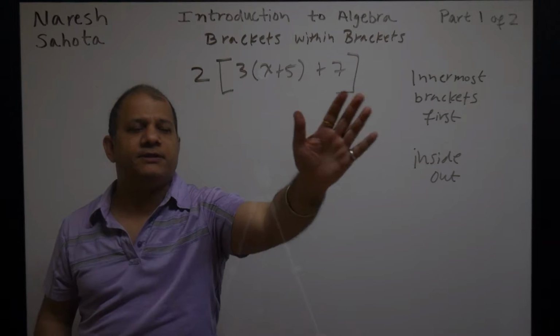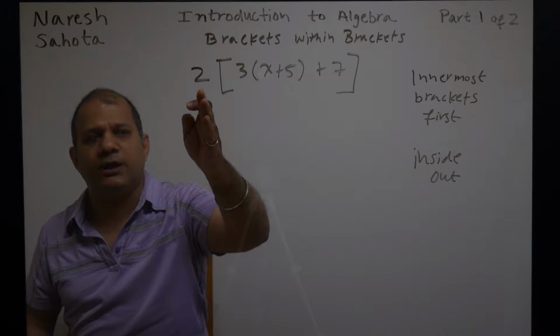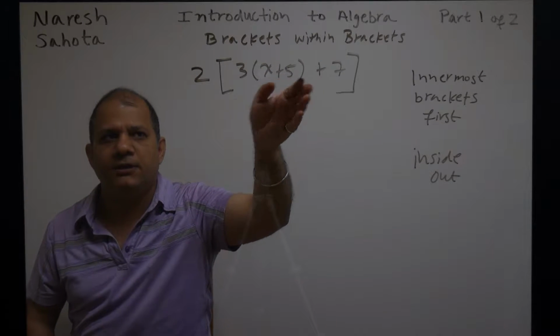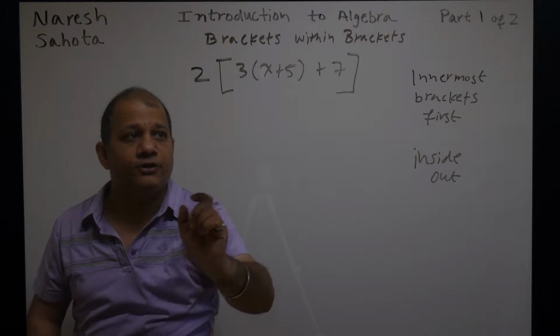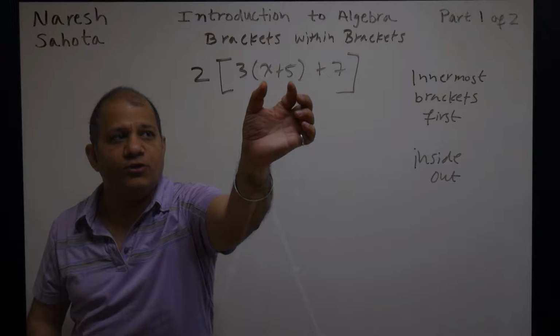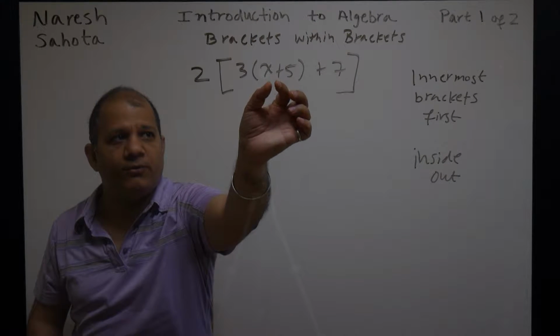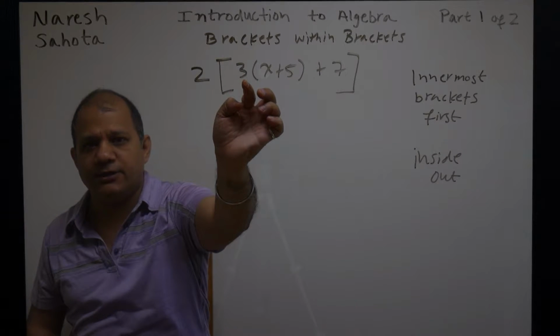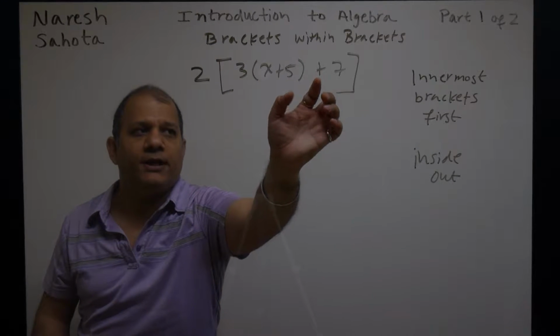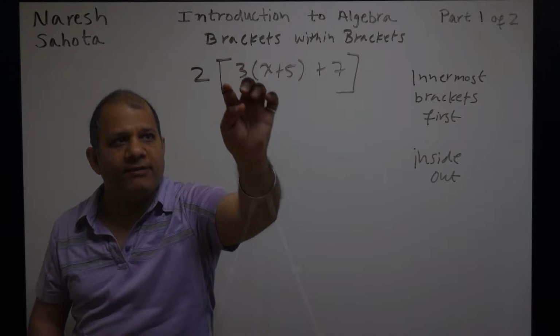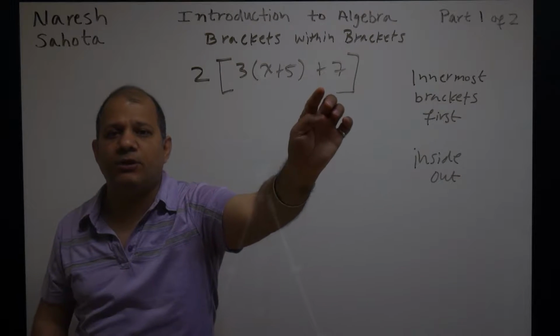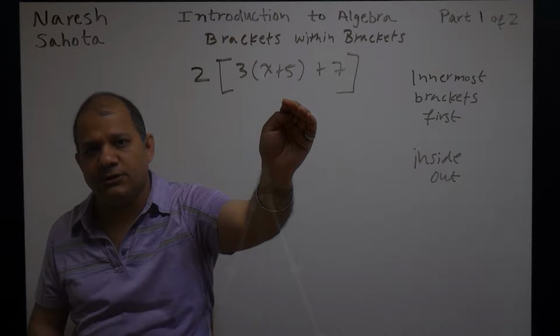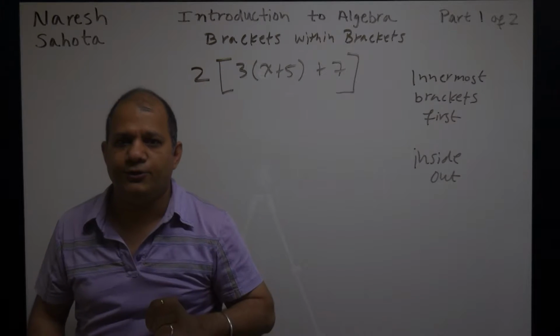So what that means is I don't want to multiply 2 out at my first step, so we'll leave that till last. First we'll work from the innermost bracket, which is this. We work from inside out. So we work with this bracket, then we'll take care of this multiple of 3, and then we'll take care of the addition. We'll have everything simplified within the square brackets, and then all we have to do is double that result, multiply by 2.